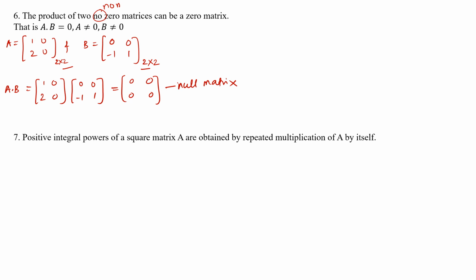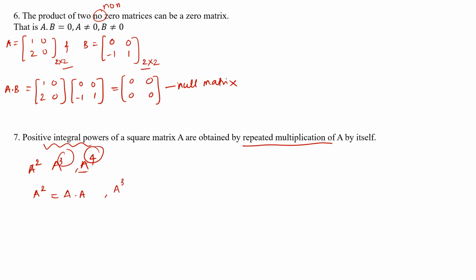The next property says positive integral powers of a square matrix A are obtained by repeated multiplication of A by itself. What do positive integral powers mean? If A is a matrix, then its square, cube, A raised to 4, these are the positive integral powers of this matrix A. So if we want to find A square, we have to do A into A, that will give us A square.